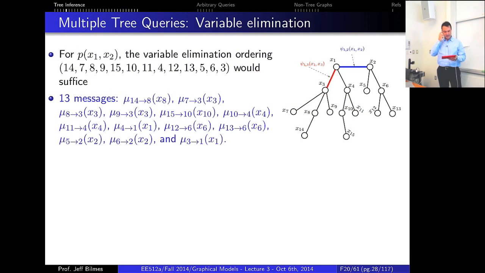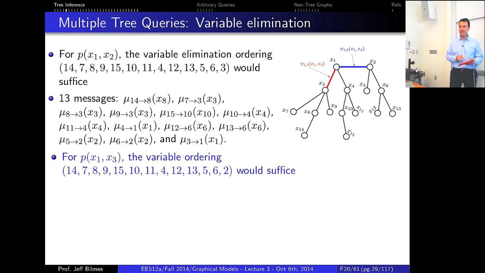And that would correspond to this set of messages. So we've got 13 messages. The first one would be x14 to 8. Then x7 to 3. Then x9, x8 to 3, and then x9 to 3, and so on and so forth. Now we're done. We've got the blue marginal.